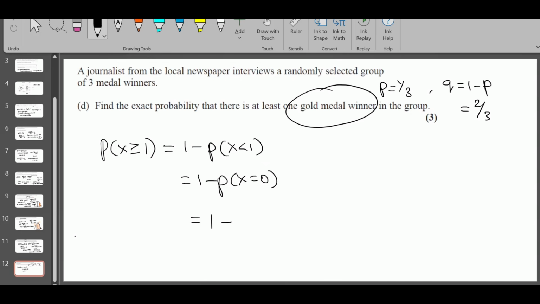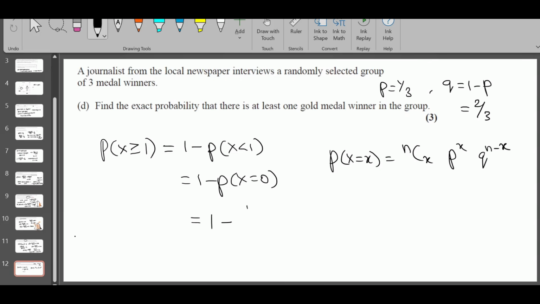Actually, this is a binomial distribution. Usually they will ask a binomial distribution question. The formula is nCx p power x q power n minus x. So nC0 p power 0 q power n minus 0.